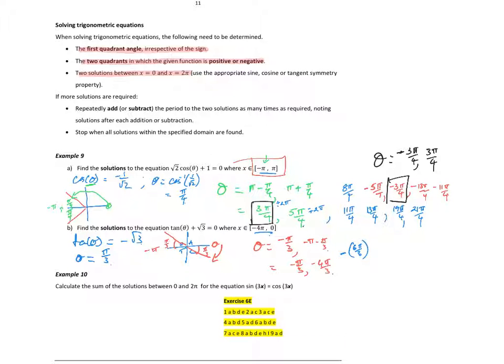Okay, so the rest of my answers: negative 1 minus 6 is negative 7 pi on 3, negative 4 minus 6, negative 10 pi on 3, take off another 6, negative 13 pi on 3, take off another 6, negative 16 pi on 3.